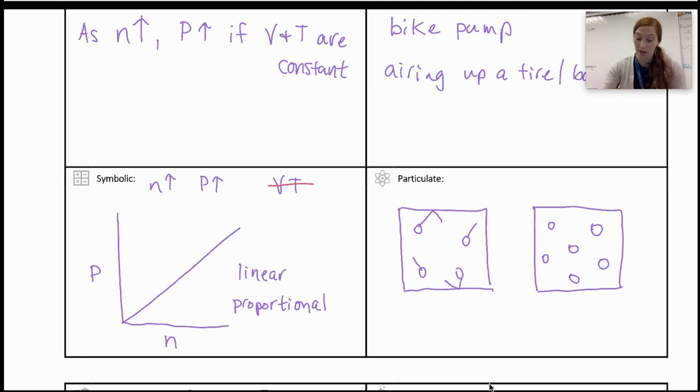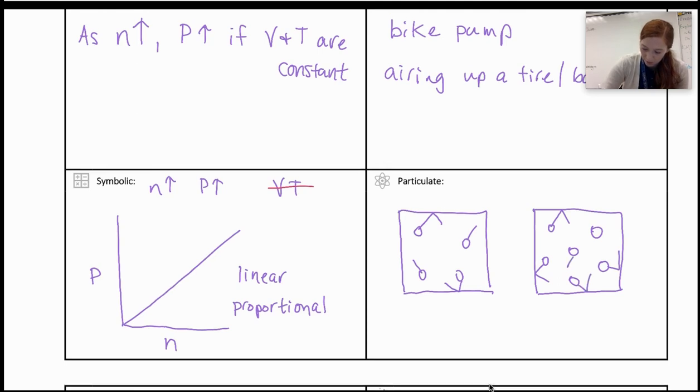That's why we have an increase in pressure. So I need to show more than 2 collisions. Let's maybe go with, I don't know, 4. My other 2 particles that are kind of further away, those are just going to be moving.